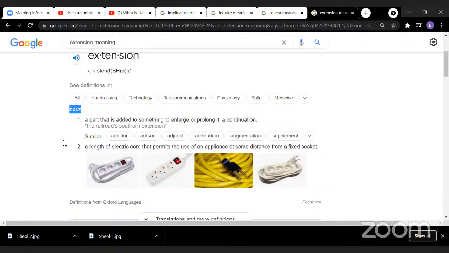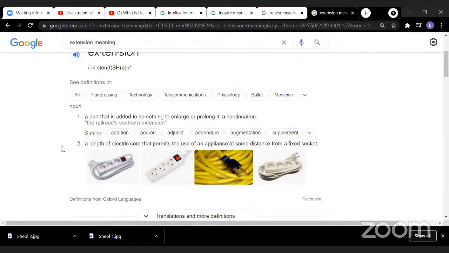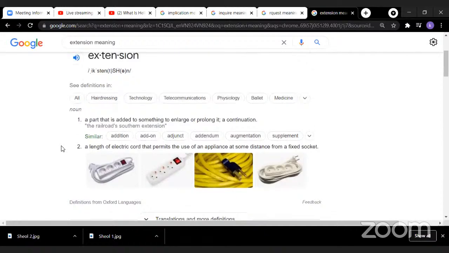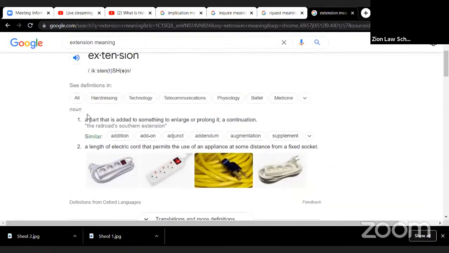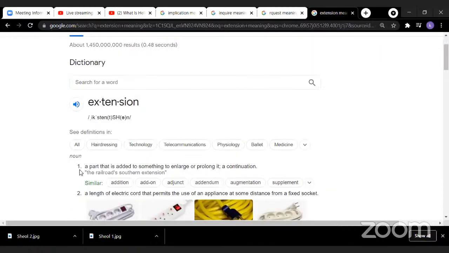A continuation. Similar: addition, add-on, adjunct, addendum, augmentation, supplement. Number 2, a length of electrical cord that permits the use of an appliance at some distance from a fixed socket. That wouldn't apply, so it would be more along the lines of number one, right?